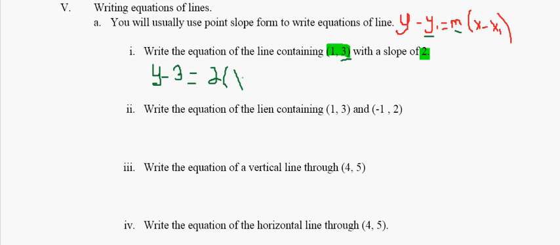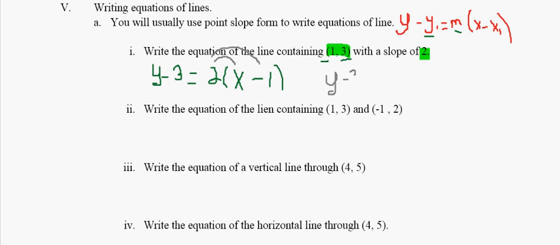So y minus 3 equals, the slope is 2. Okay, we put in the m for slope. And then x, that's a big X, minus this x. So x minus 1.